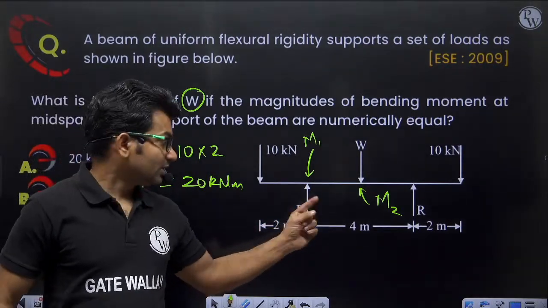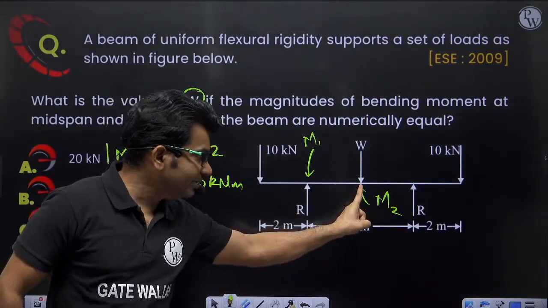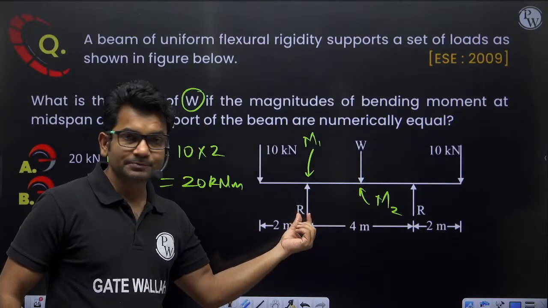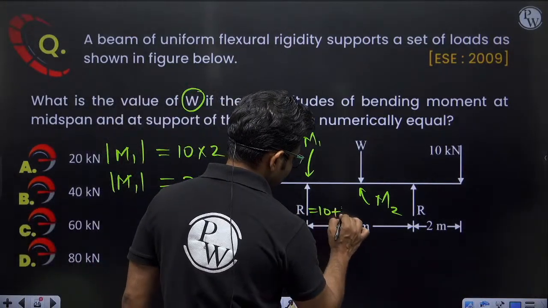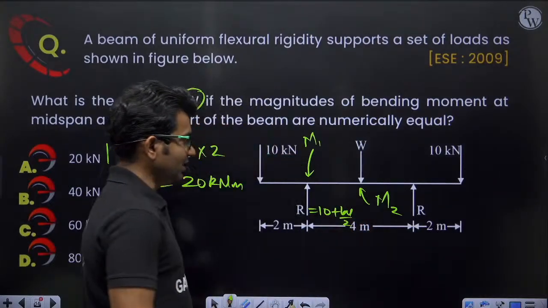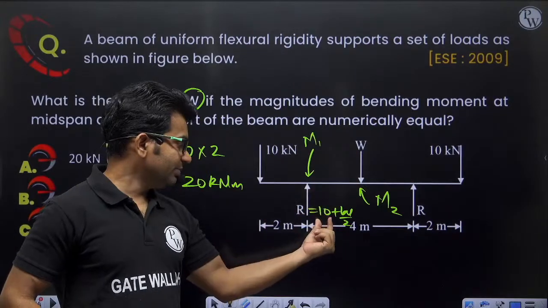Now here also the magnitude should be 20 kilonewton meter, but in order to calculate the magnitude here, I have to calculate the support reaction. So the support reaction will be equal to 10 plus W by 2, because it is symmetrical, the total downward loading is 20 plus W, and this will be half.